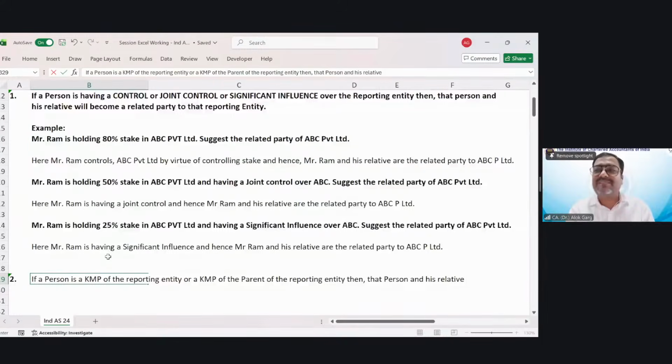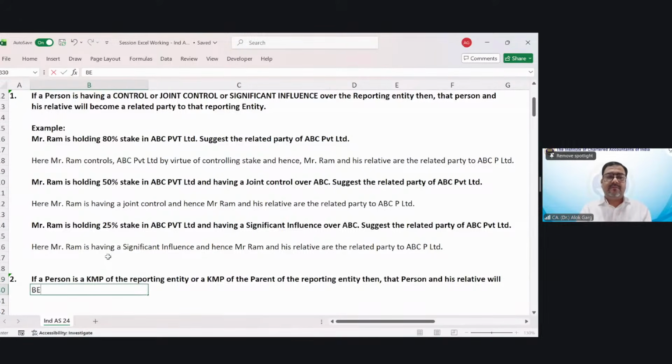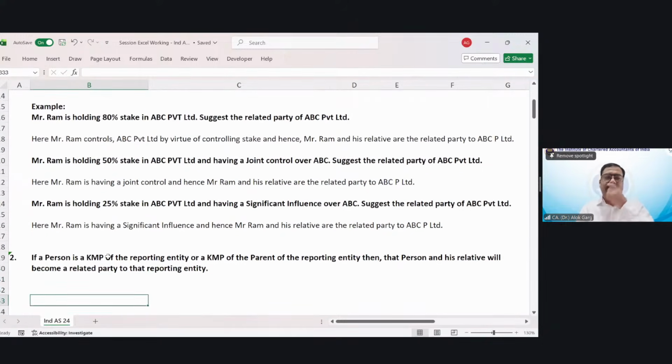Close member of that person's family, right? I'm just using a shortcut here. That person and his relative will become a related party to that reporting entity, right?